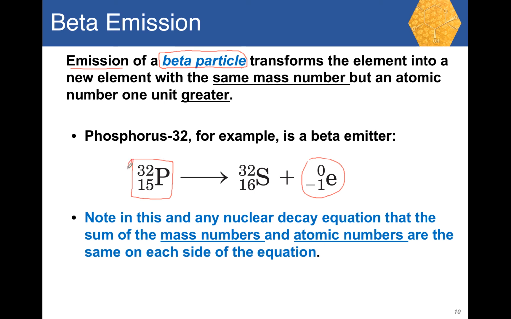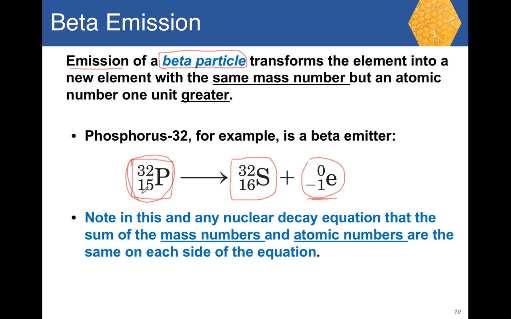If this isotope emits this electron or beta particle, what is left after that emission? The key here is that the atomic number must be equal on the reactant side and the product side.